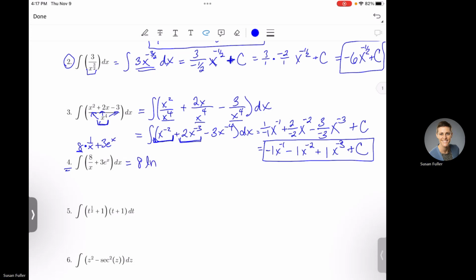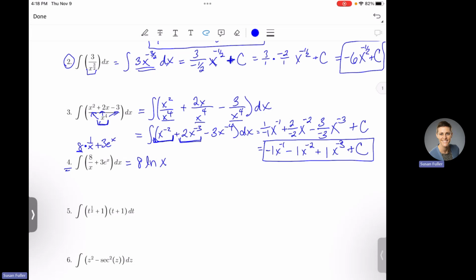Now, Niall kind of mentioned this a little bit in class, and I was hoping to get some time to do this, but I just didn't. When you're doing the natural log, the derivative of natural log of x is 1 over x. So the antiderivative of 1 over x is ln x. We just have to be careful because you can't take the natural log of a negative number or 0.